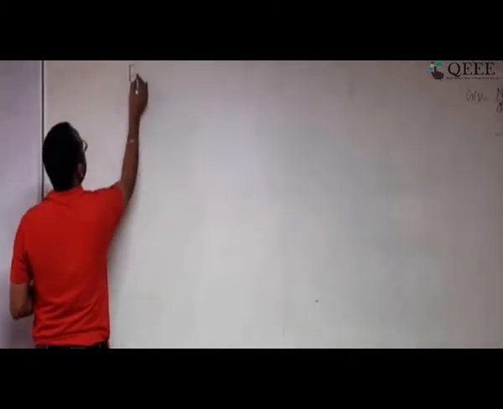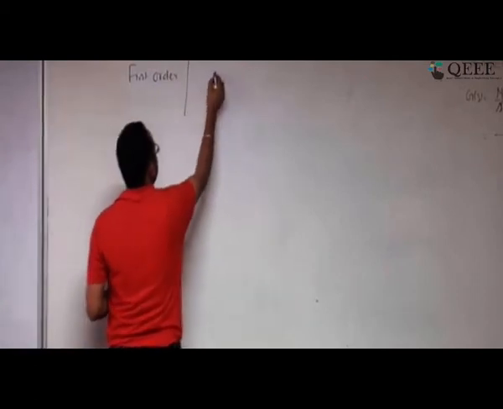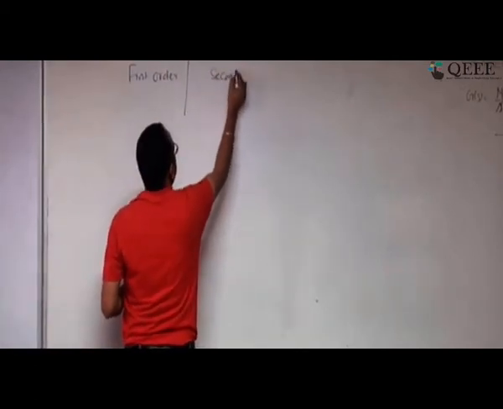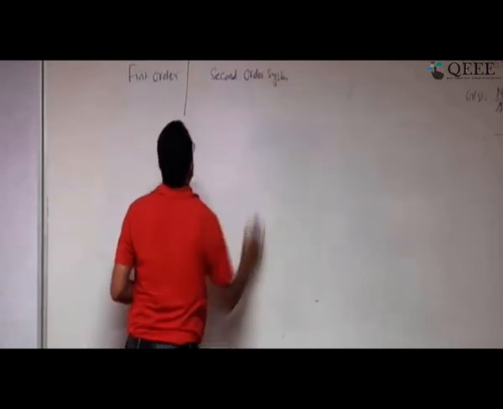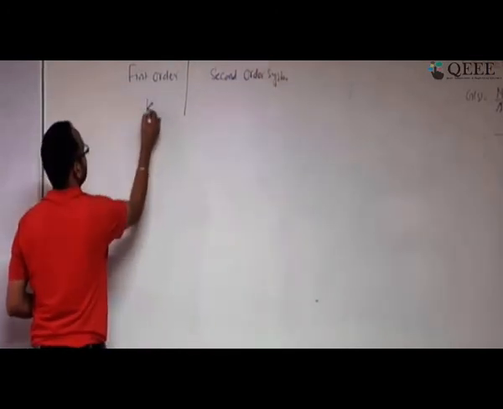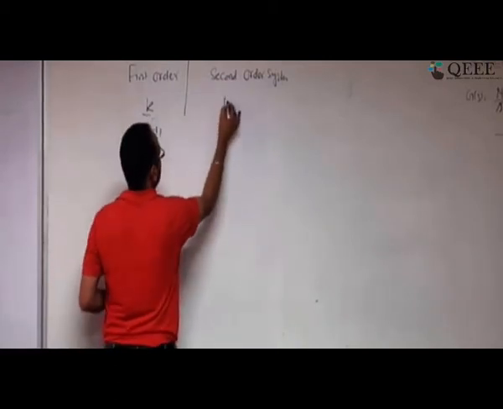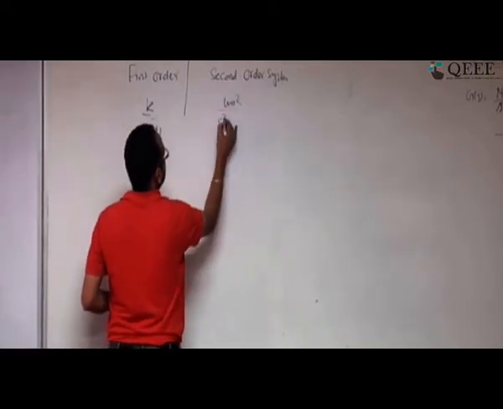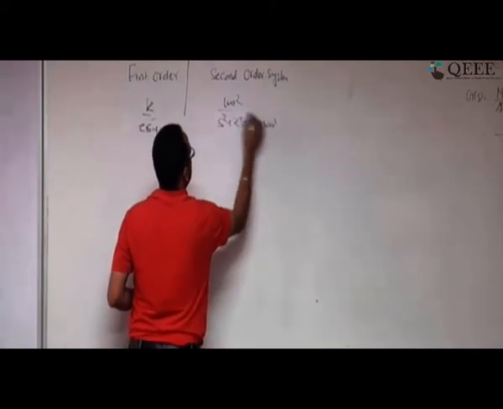Now I want to summarize this a little bit. What we discussed till now: first order system and second order system. The standard terms are K by tau s plus 1, and omega n square over s square plus 2 zeta omega n s plus omega n square.